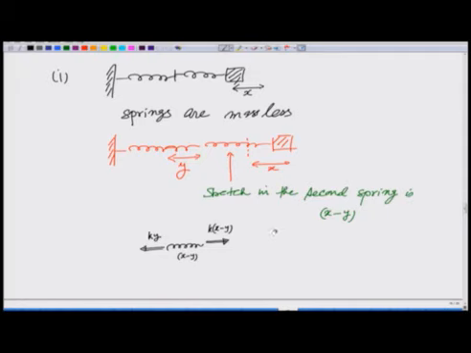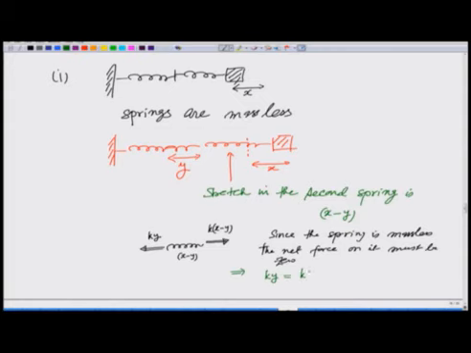Now, since the spring is massless, the net force on it must be 0. If it is not, the spring will require an infinite acceleration, and this implies that k y is equal to k(x minus y), or y equals x by 2.